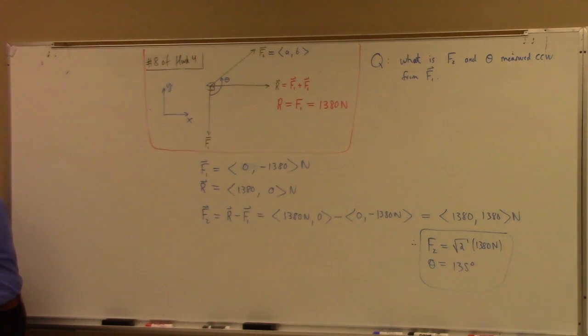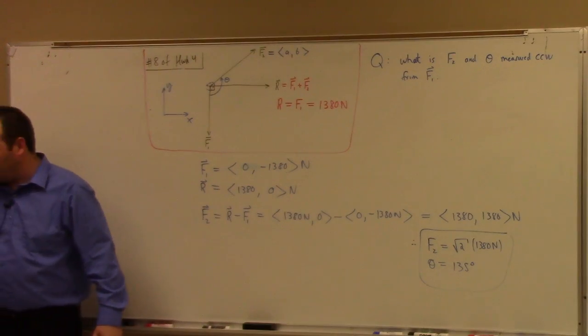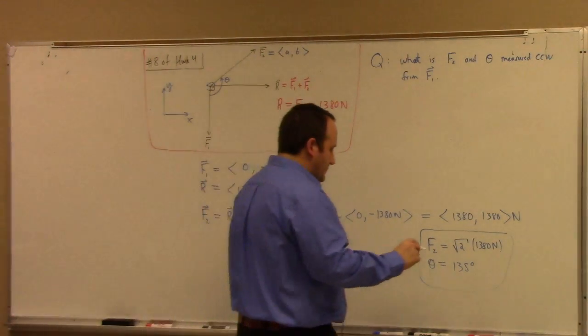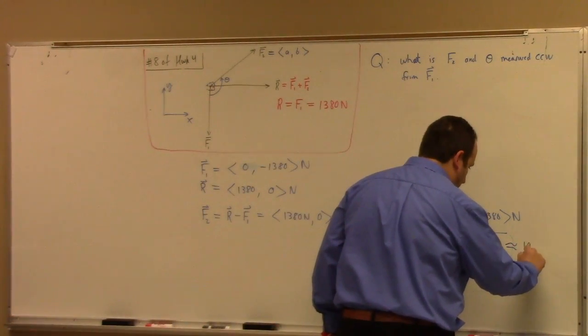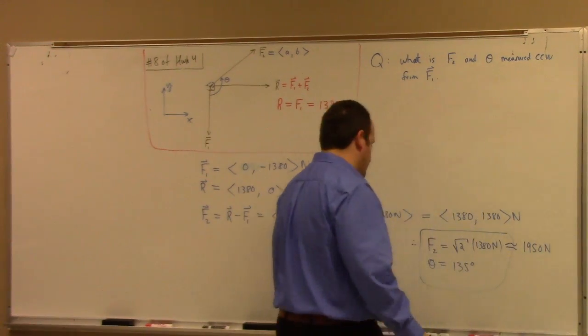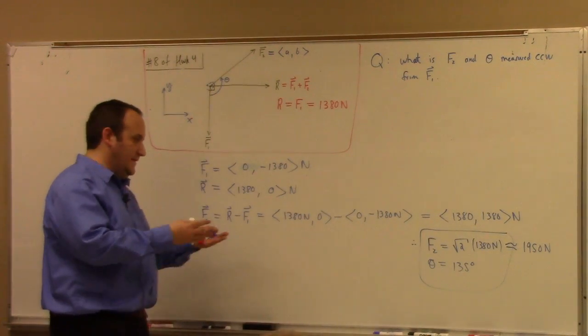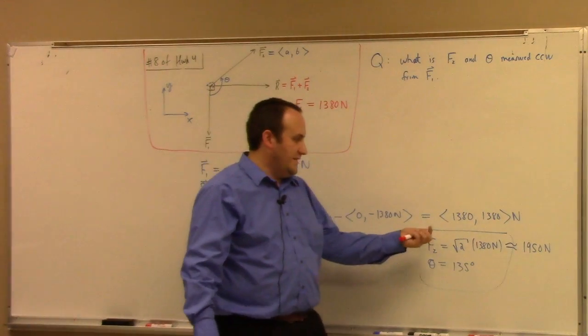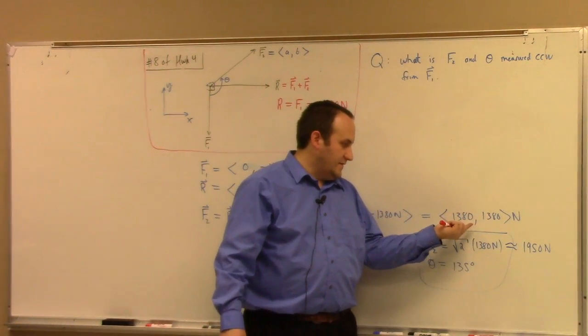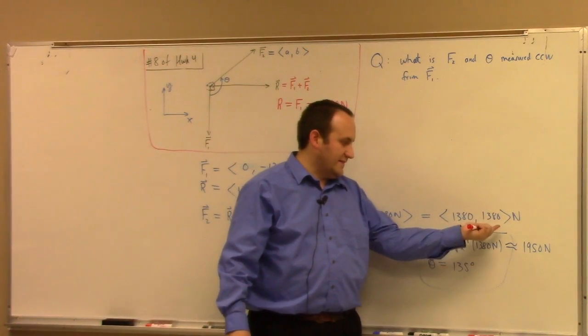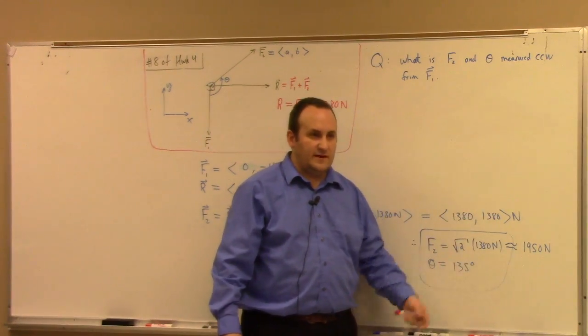So that's 1950 newtons, roughly speaking, for me. How did I do that? Nothing too mysterious here. I'm just saying the length of this vector is the square root of 1380 squared plus 1380 squared, but that's just twice 1380 squared.